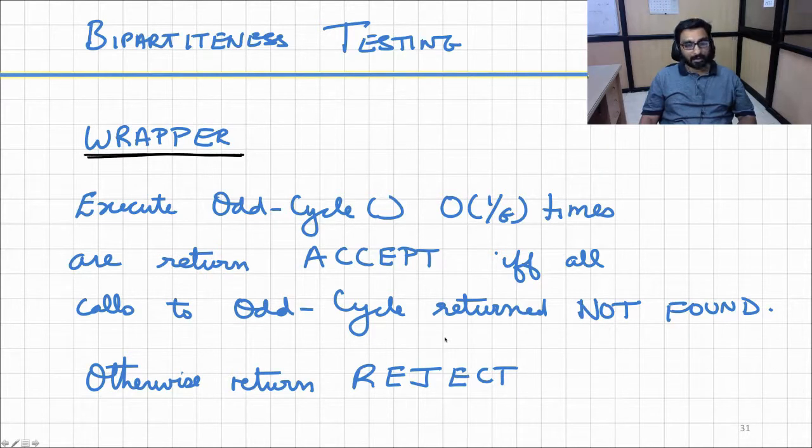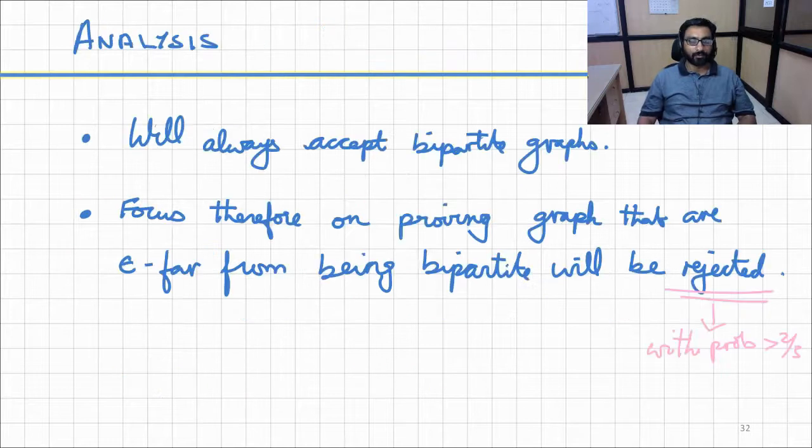If, on the other hand, none of the calls to odd cycle came up with a found return value, then that means all of them came with the not found return value from the subroutine. Then we will accept this graph as being a bipartite graph.